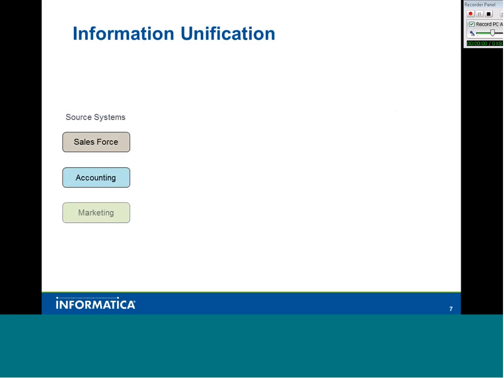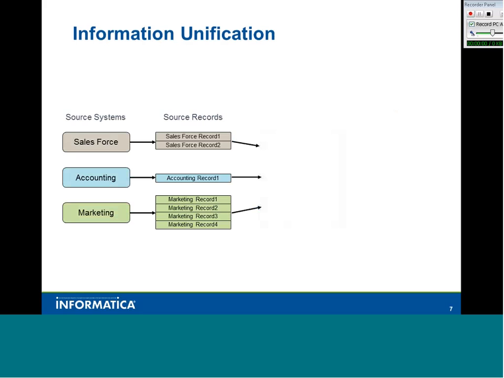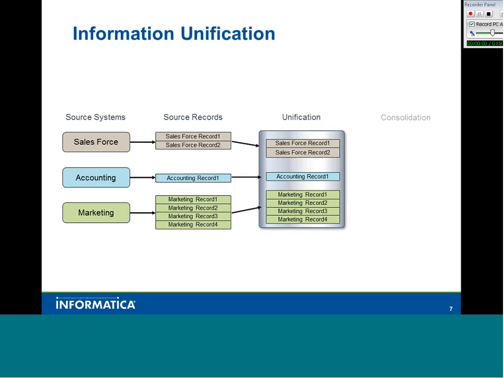So the idea is to unify information, and as most of you are probably aware, we've got data coming from all these different source systems, which could be Salesforce, accounting, marketing, and the idea is to unify this data so that the data can be consolidated into the best version of truth or as a master record.